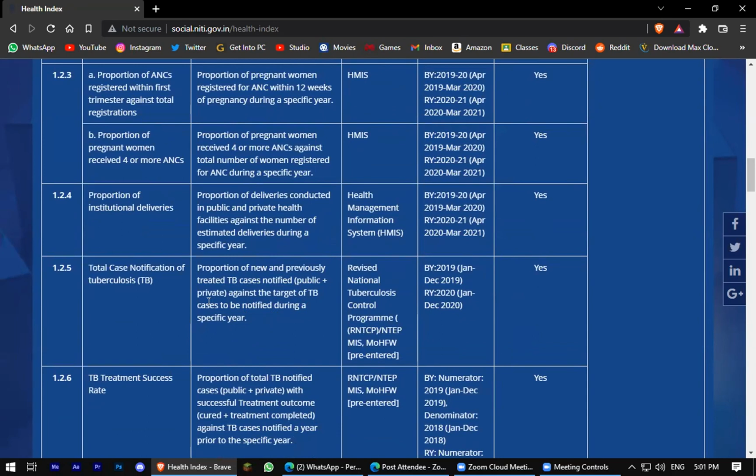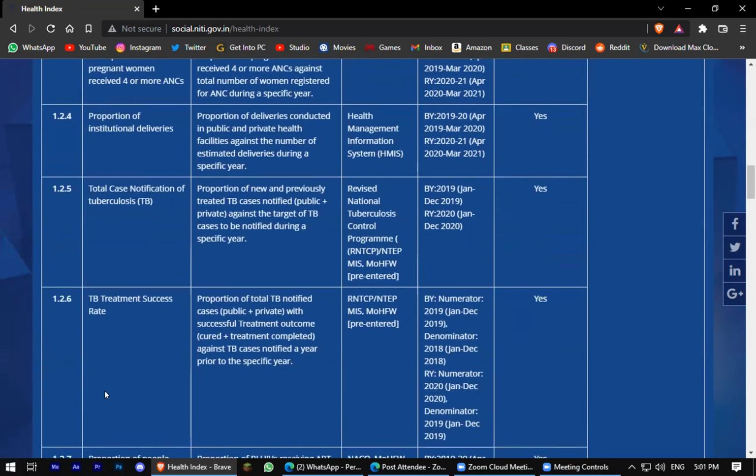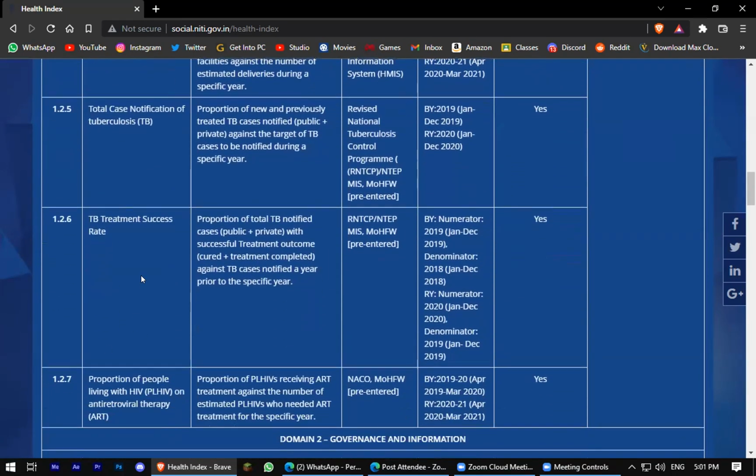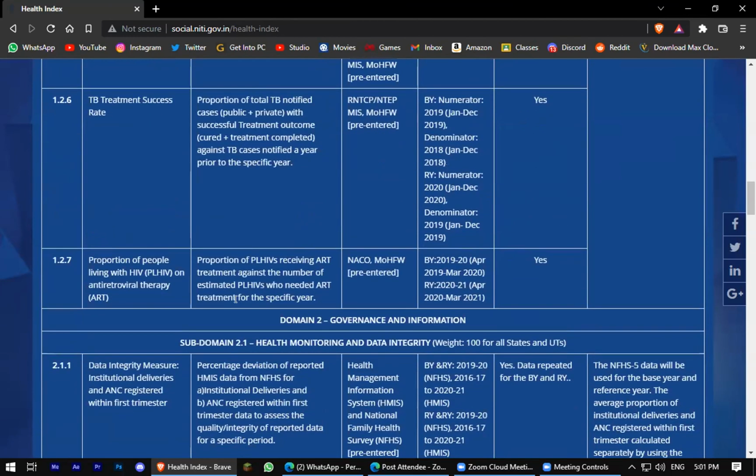And how many of those cases we are actually registering or notifying, then how many cases we are actually going for treatment. Proportion of TB cases notified with successful treatment outcome against TB cases notified in the year prior to the specific year. So how many are successful under that?